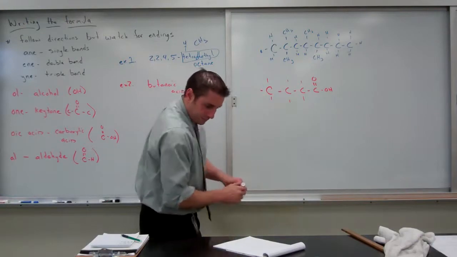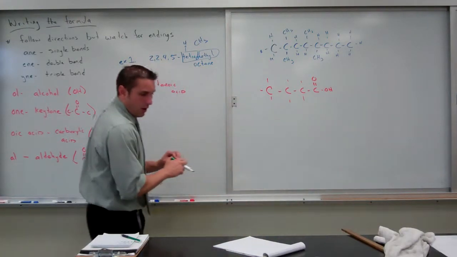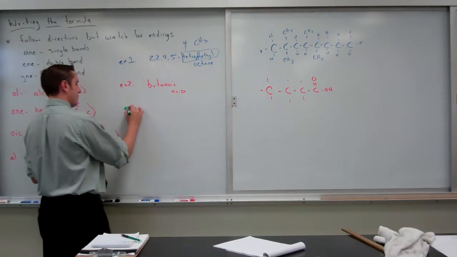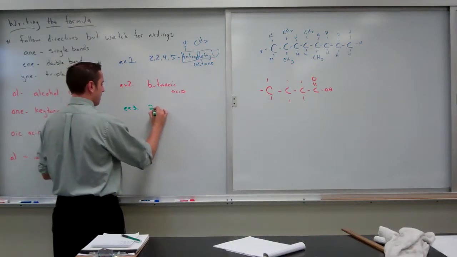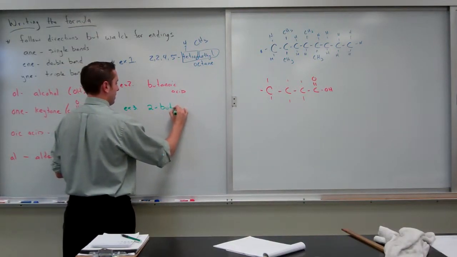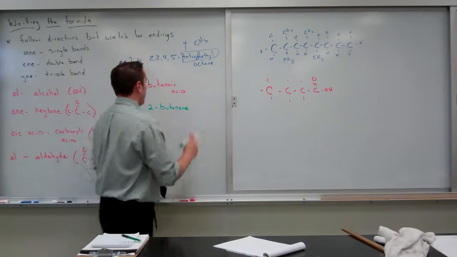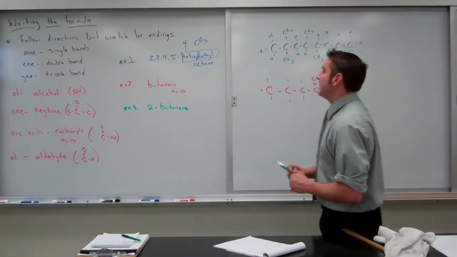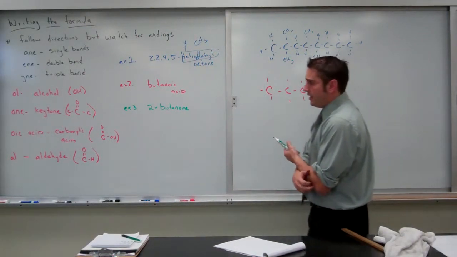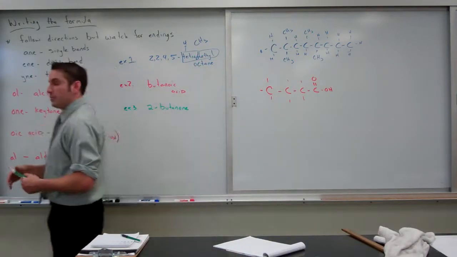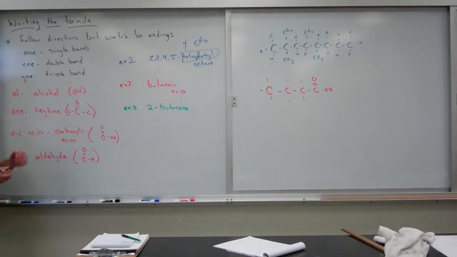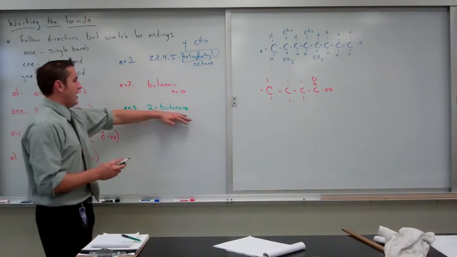Third one, 2-butanone. I look at the ending. It's an -one ending. That means we have a ketone, which means there's a double bonded O somewhere in the string of carbons. So we have to figure out how many carbons.